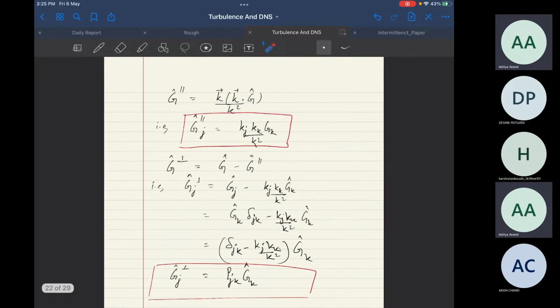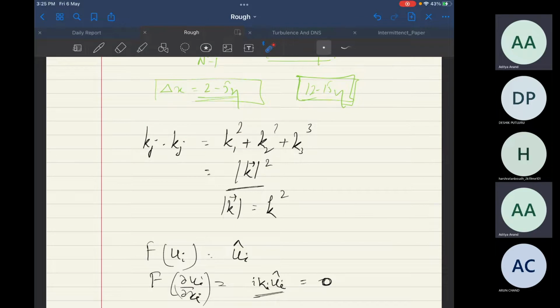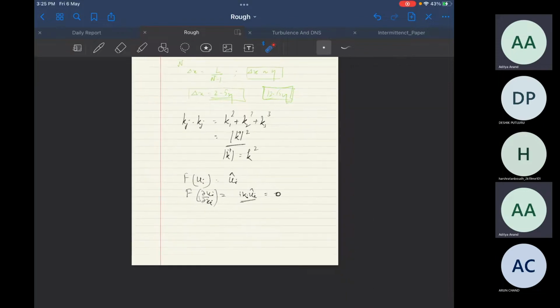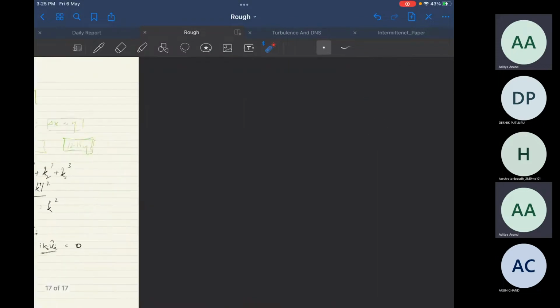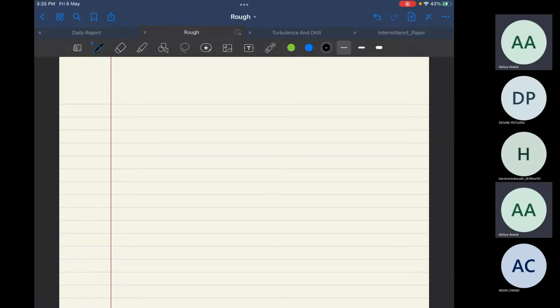Now let's look at the component parallel to the wave number vector. Let me elaborate on this one. So we had k dot g by k square. So we have g parallel as k dot g by k square.